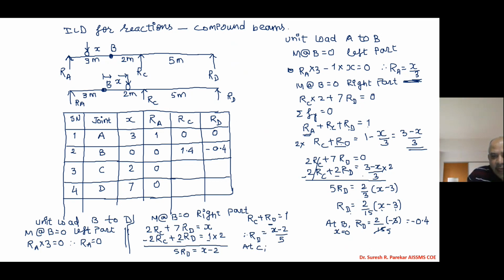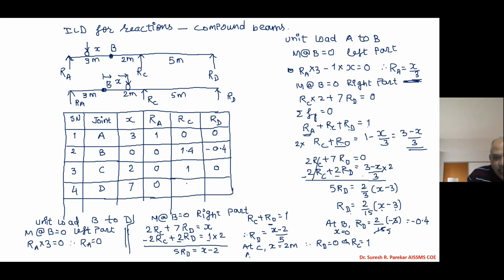Now at C we have X equal to 2 meters, and therefore we will get RD equal to 0, because 2 minus 2 becomes 0, RD is 0, and RC then becomes 1. So when the unit load is at C, RC we have 1 and RD we have 0.